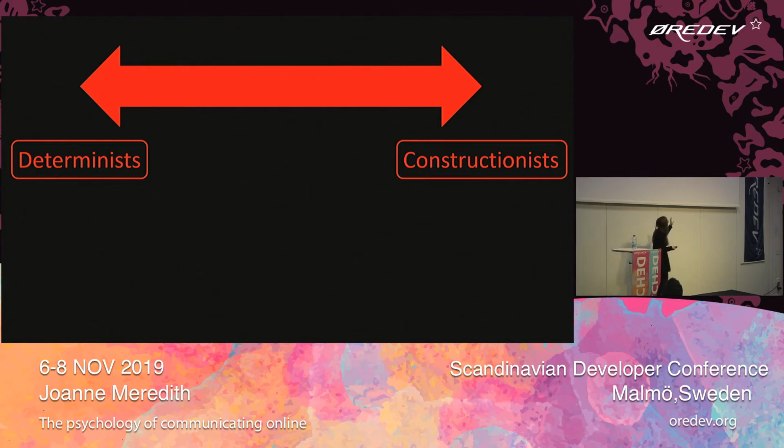On the other side, well, not quite totally in the interpersonal theories, are constructionists. So constructionists argue that no feature of a technology has any meaning until it is used by users. This is slightly difficult to give an explanation of for technology.